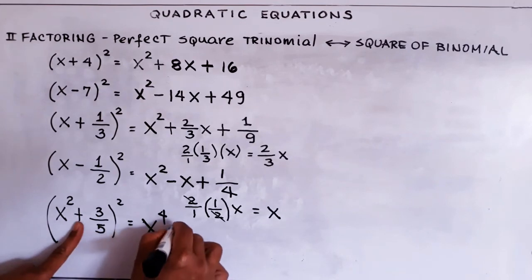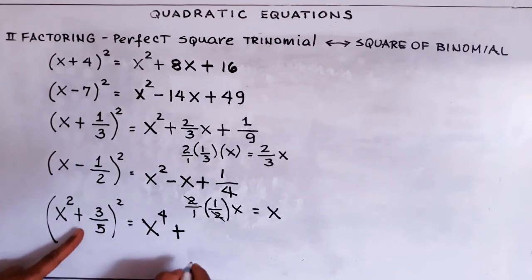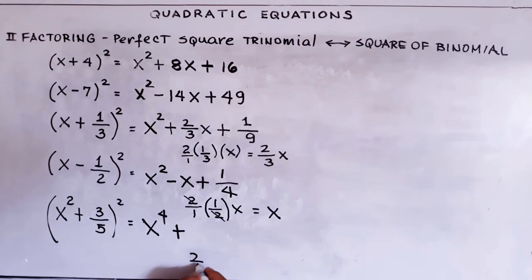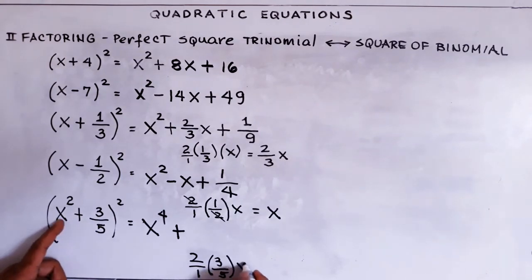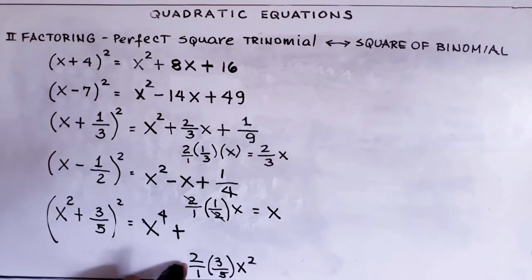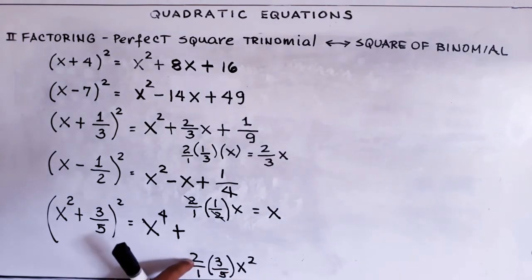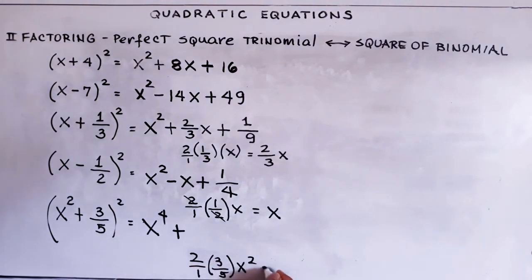Plus, this one is plus. And then we write the 2/1. Then we write this 3/5. And then we write this x squared here. So here, we cannot cancel the 2 and the 5, the 3 and the 5, no. We just multiply 2 times 3 is equal to 6, over 1 times 5, it's 5.